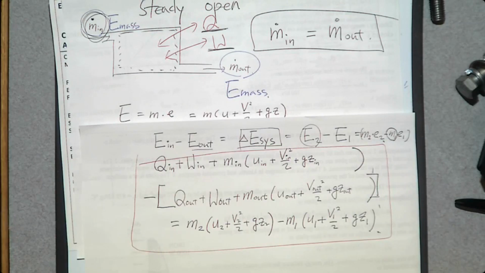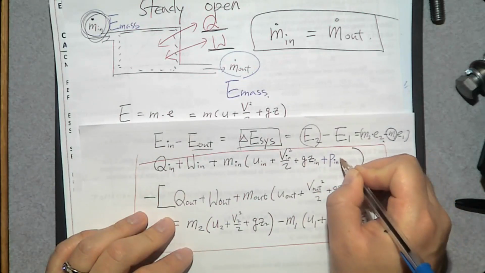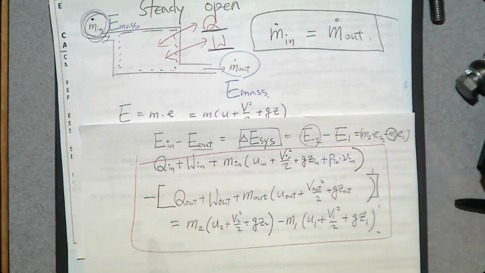So if I want to enter this control volume, I need to push the mass standing at the door and then make my space and walk in, right? So if I want to do that, I need to provide work. What kind of work? Pressure to create my space times volume. So pressure times volume is the energy carried by the mass entering the system. Pressure P at the inlet times volume, but taking mass out, specific volume, P times V.